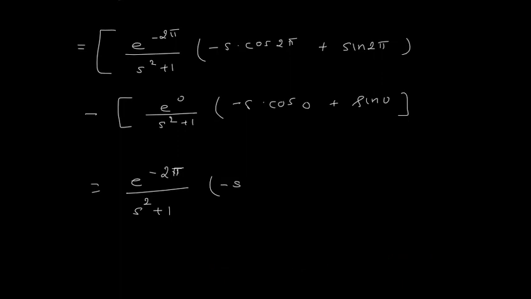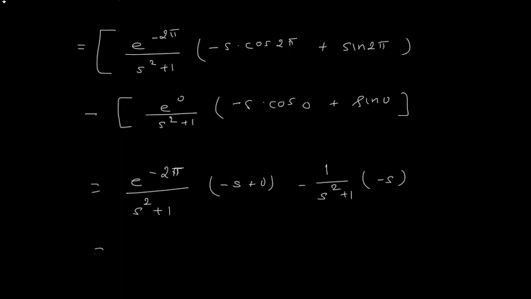Now here you have e raised to minus 2 pi upon s square plus 1, here I have minus s, plus this is 0, minus e power 0 is 1, so it is 1 upon s square plus 1, cos 0 is 1, so here again I have minus s, and sin 0 is 0.